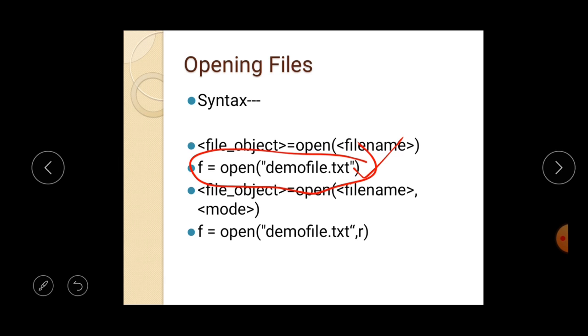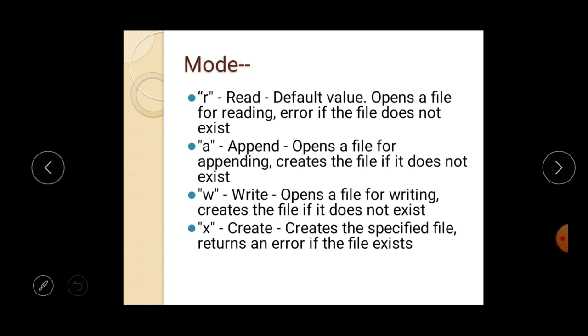It opens a file for reading only, and you can read the file if the file exists. If the file does not exist, then you are not able to read anything.